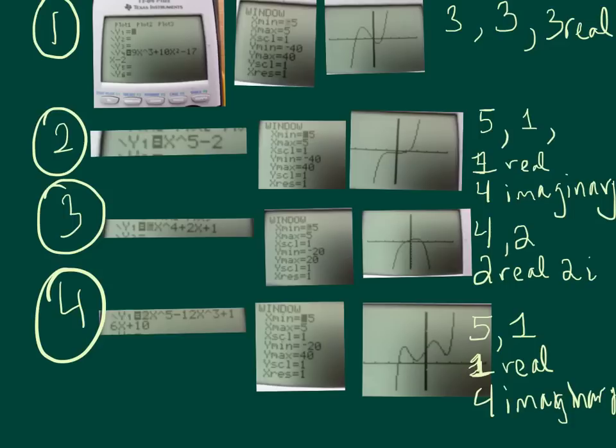I suggest that you take notice of the windows that I have for each of the graphs, and also that if any of the zeros were imaginary, all of the imaginary zeros came in pairs. Think back to the quadratic or the square that's equal to a negative number.